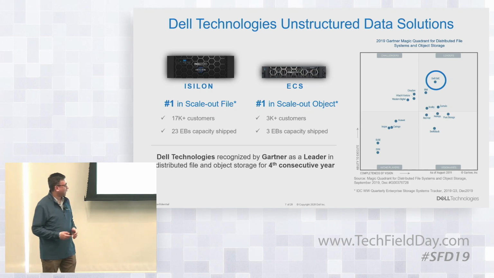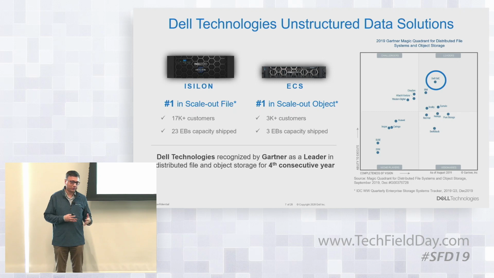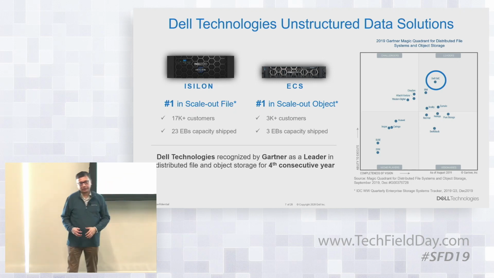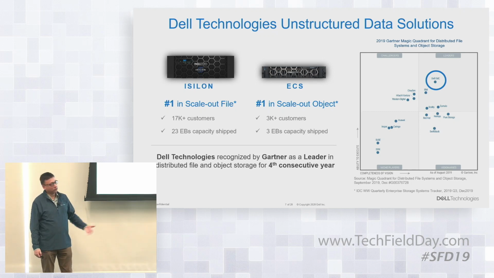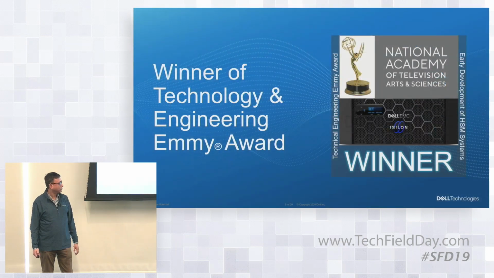So the question is, why is this so? What makes us so unique that we are in that leaders quadrant for 4 years in a row? For that, we're going to talk about what makes Isilon unique and so different, and that's what the rest of the presentation is all about.